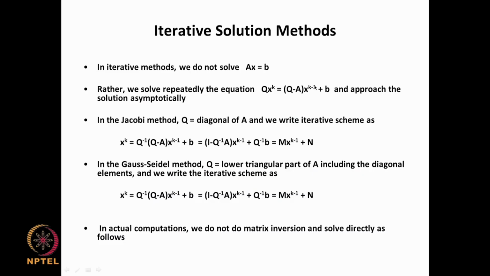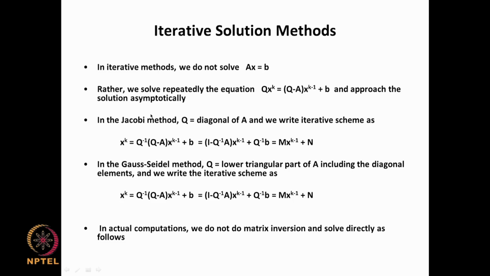And we have also seen that in these iterative methods, we do not solve Ax equal to b directly, and we solve it in an indirect way, like Q x k equal to Q minus A times x k minus 1 plus b, and approach the solution asymptotically.